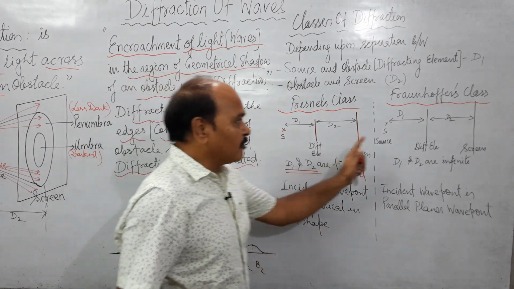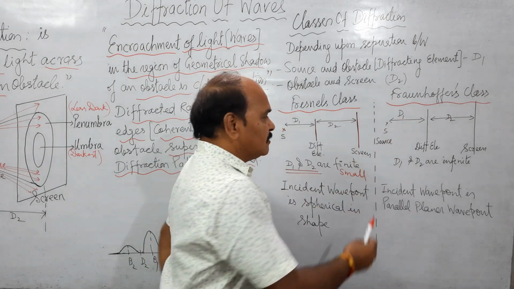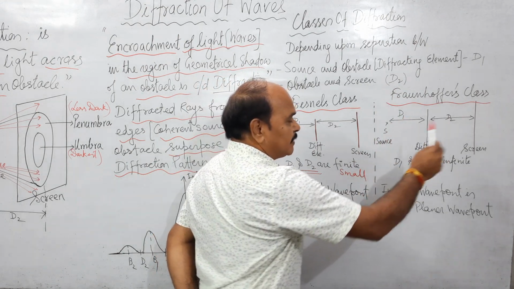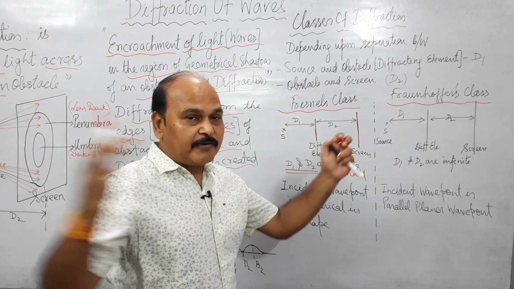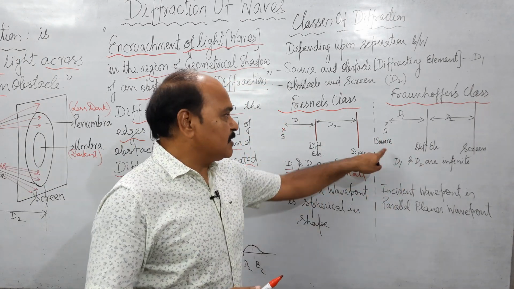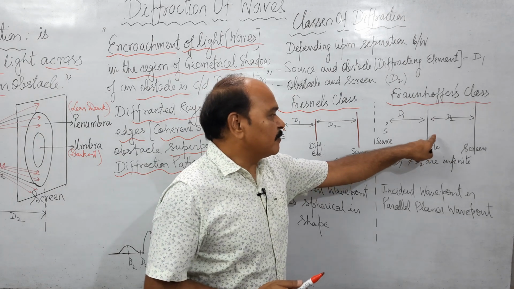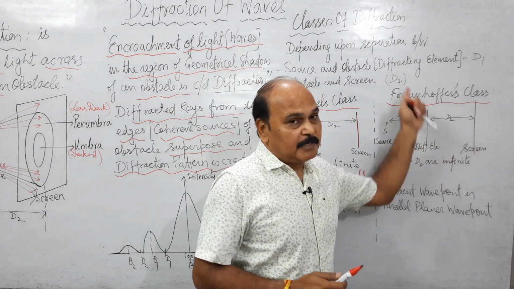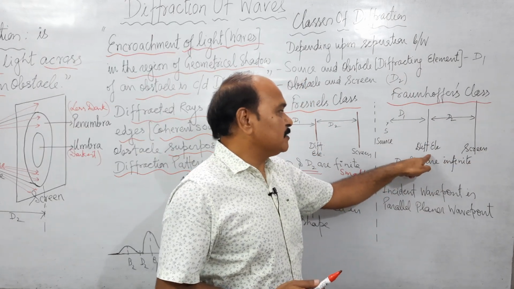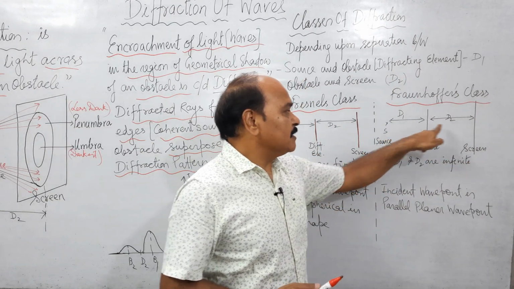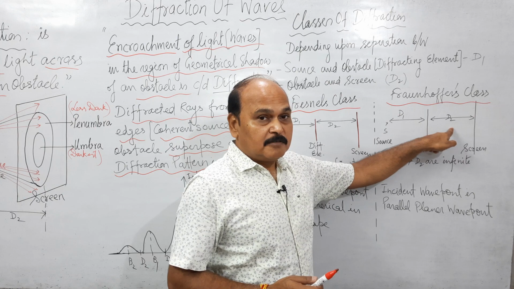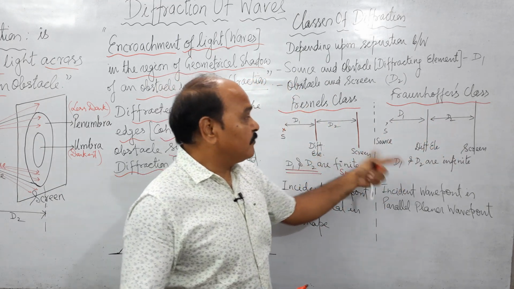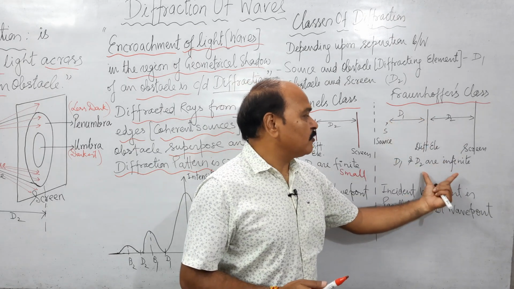Whereas in Fraunhofer's class of diffraction, the source and diffracting element are practically at infinite separation. Source is kept at infinity from diffracting element, and the screen is also kept at infinity from diffracting element. So D1 is infinite, D2 is infinite distance.